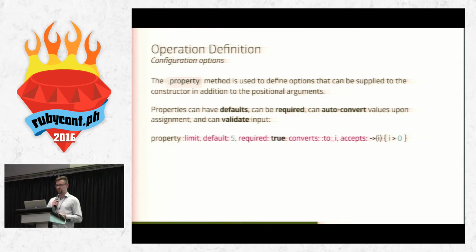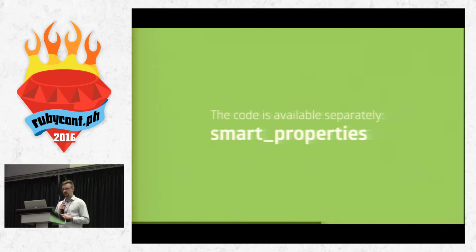In this case, we want to make sure that the limit is always specified and it's converted to an integer whenever assigned. And finally, we want to guarantee that this limit is always greater than 0. And this code, as mentioned before, is available separately as the Smart Properties library.